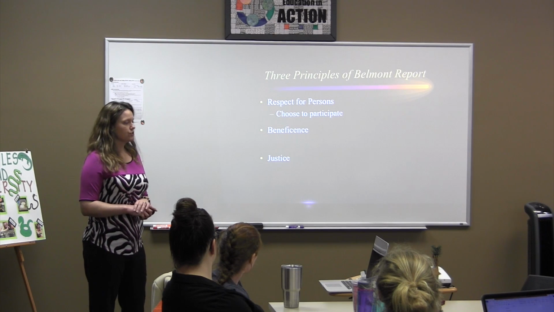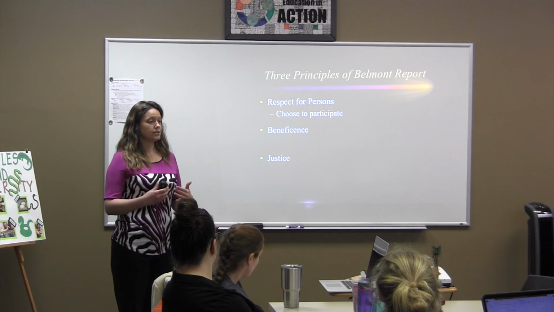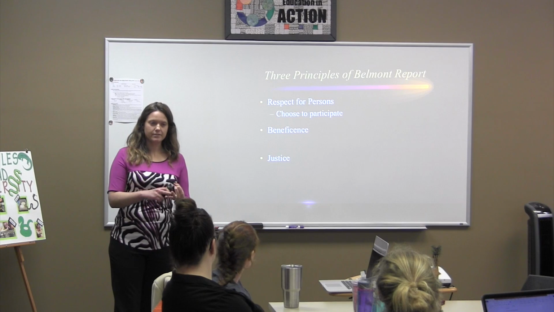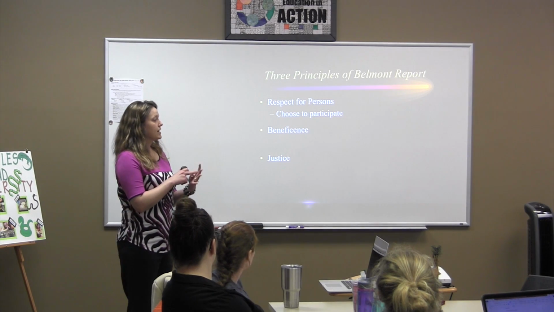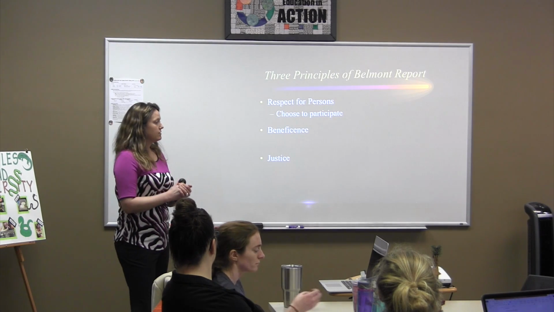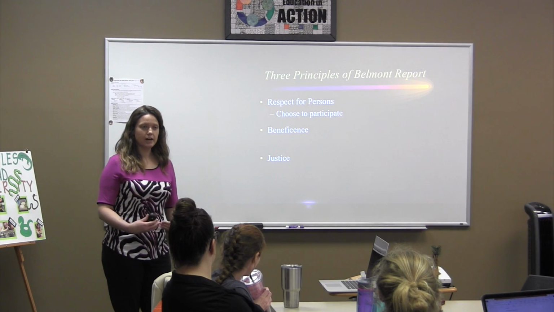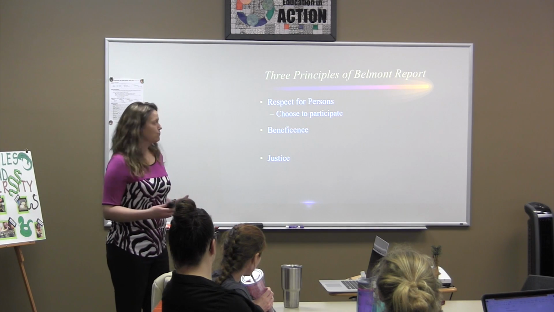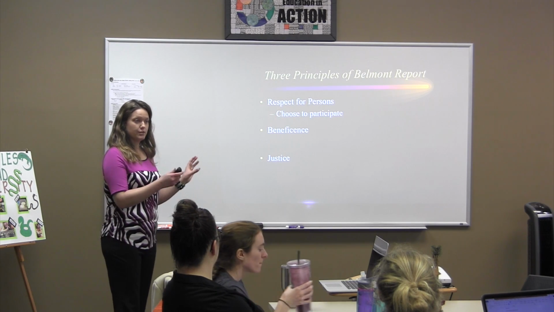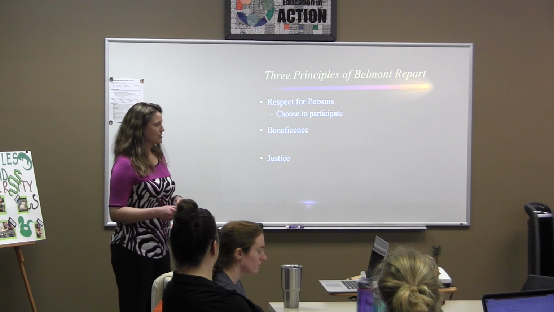Respect for persons is your idea of informed consent, that anyone who is interested in being in a research study has to be told the purpose, benefits, risks, what they're being asked to do, how long it'll take, and made aware that participation is voluntary, they can withdraw from the study at any time, etc. So the concept of voluntary participation and informed voluntary participation.